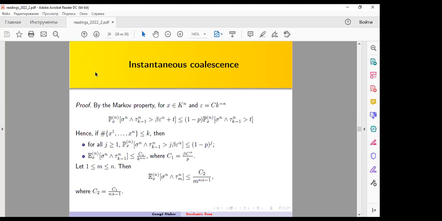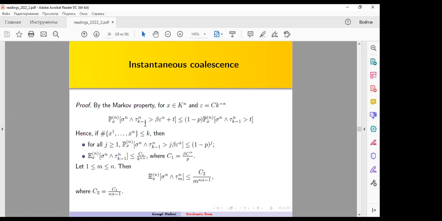By the Markov property, our assumptions imply that we have the following inequality. Here sigma n means that the corresponding trajectories stayed in compact, and tau n k minus 1 is the time when there are at most k minus 1 of them.